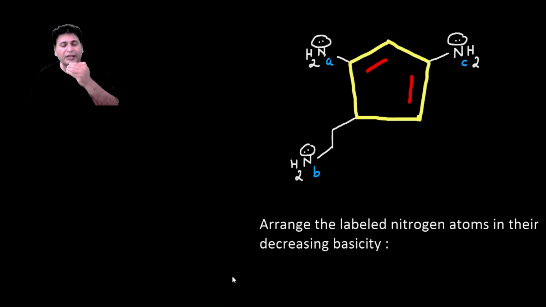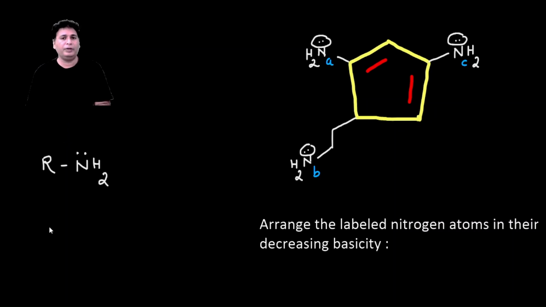So before we come to this question, let me explain the meaning of basicity. Students, you should understand it like this. For example, I have taken an amine, RNH2. This nitrogen has a lone pair.